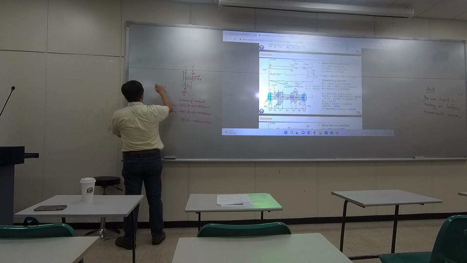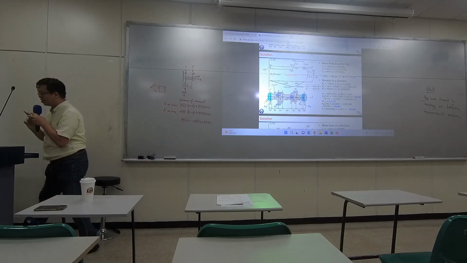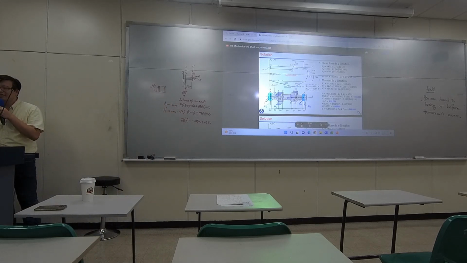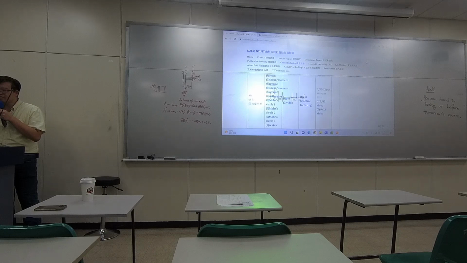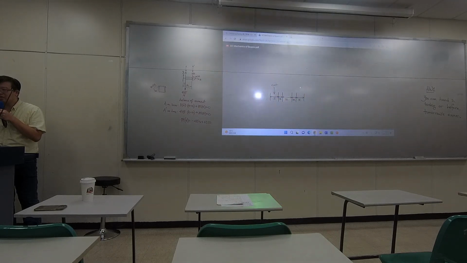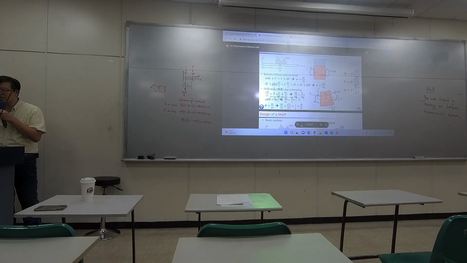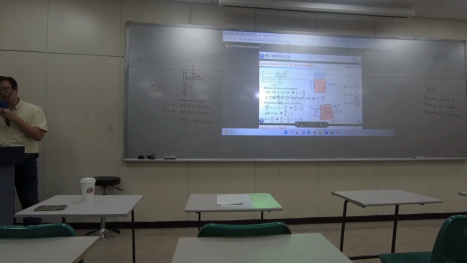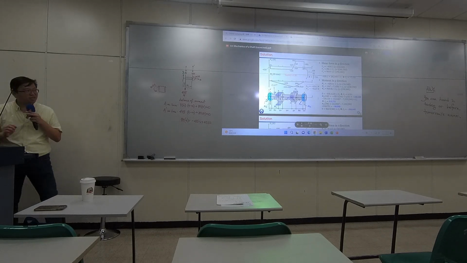So that means, I think this is the end. And this is, shouldn't the shear be up? Let me check my previous slide. I think the left one should be going up.